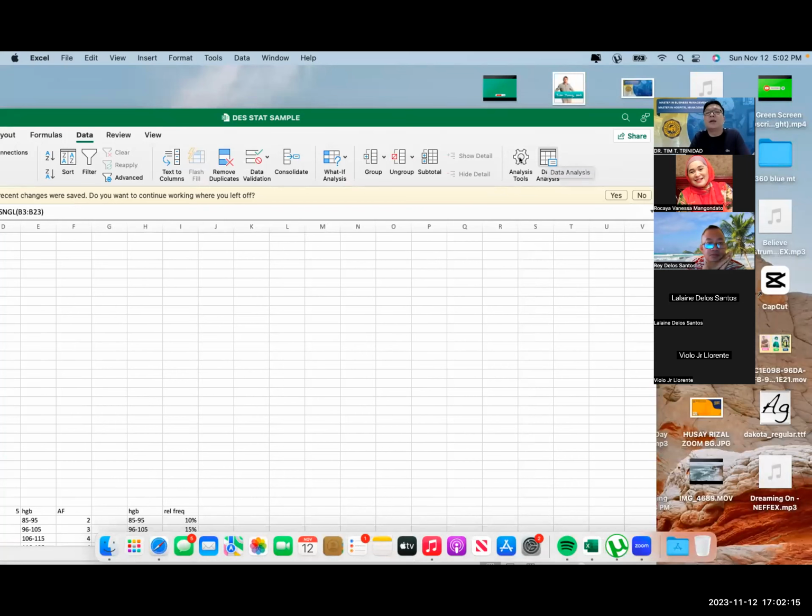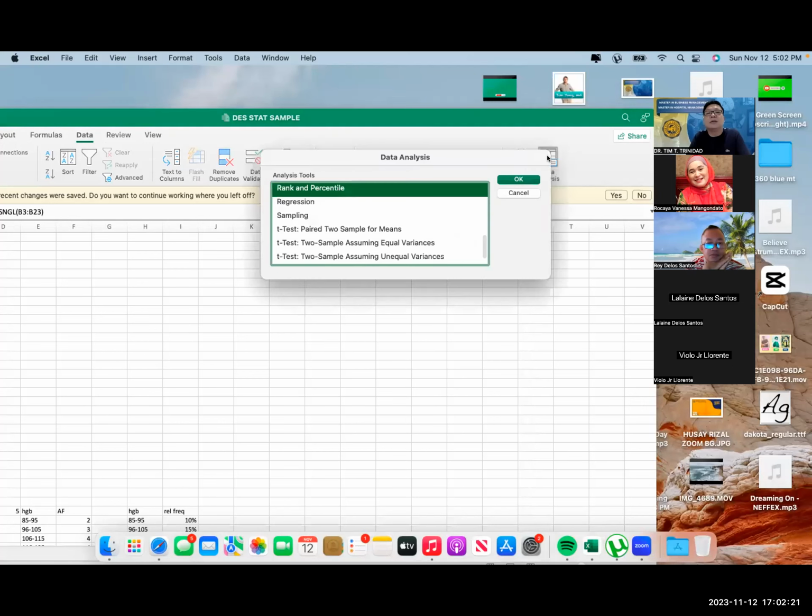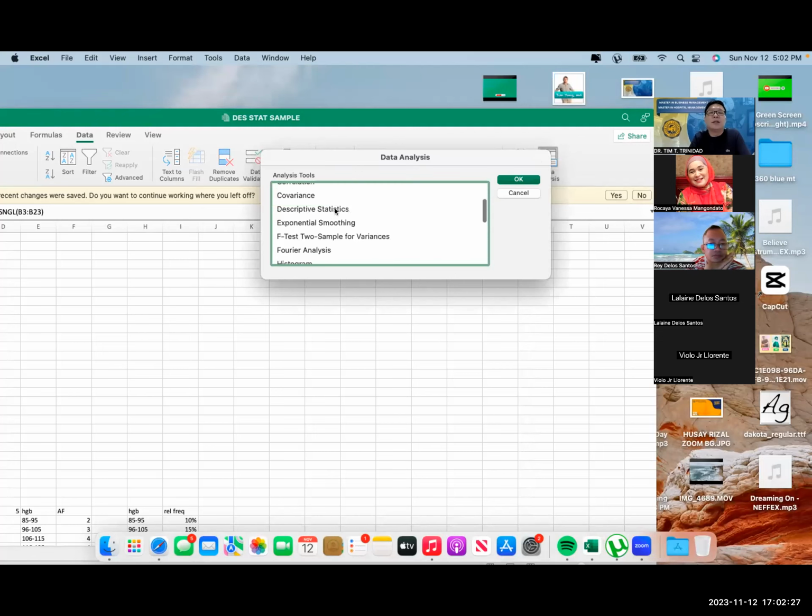So pagka na-install niyo na yung analysis tool, you go to data analysis, and then you look for descriptive statistics. Okay. Click OK.